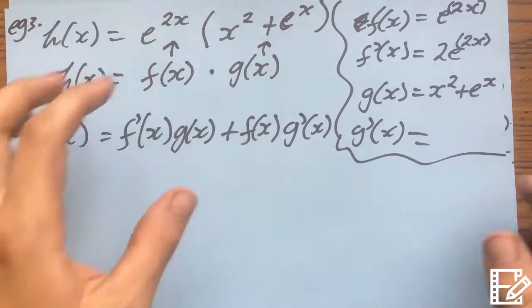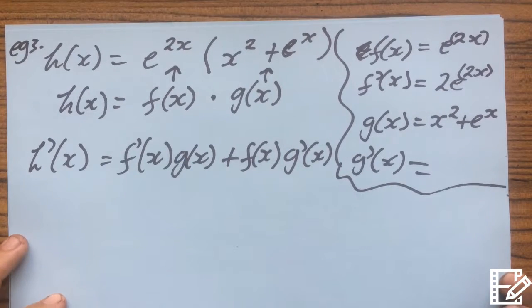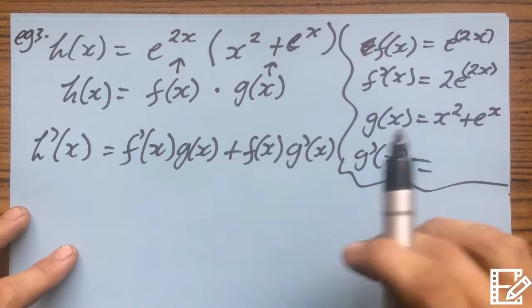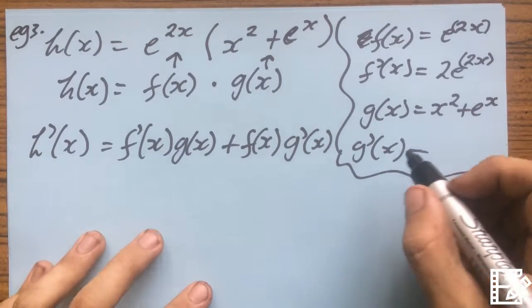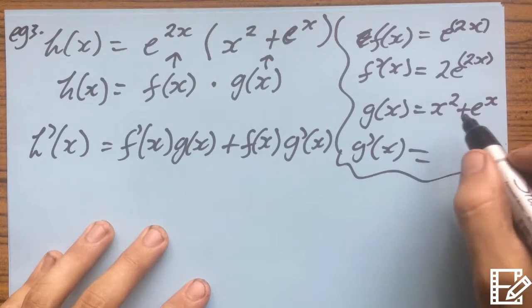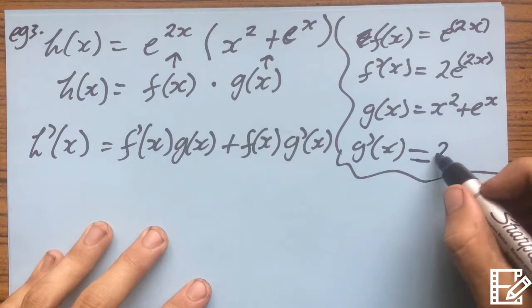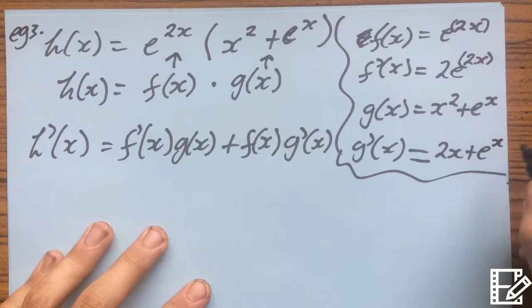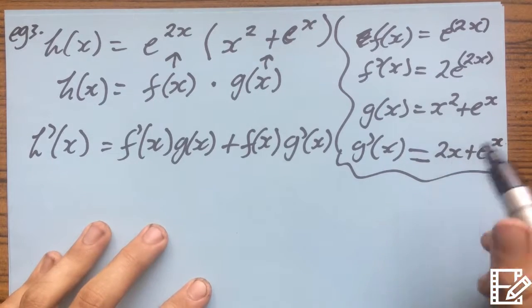Essentially you have e to the power of whatever, and then when you derive that, you have e to the power of whatever multiplied by the derivative of that whatever. But, back onto this, g(x) being x squared plus e^x, the derivative of that is 2x plus e^x, because the derivative of e^x is e^x, and the derivative of x squared is 2x.